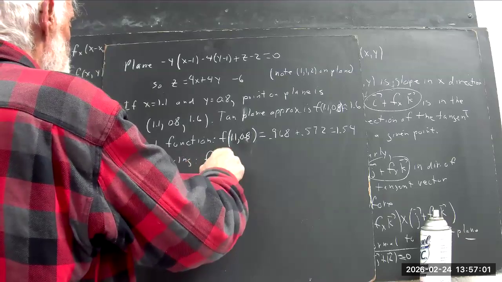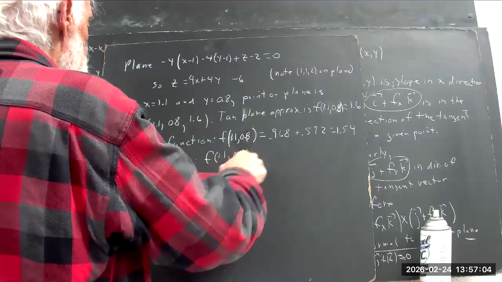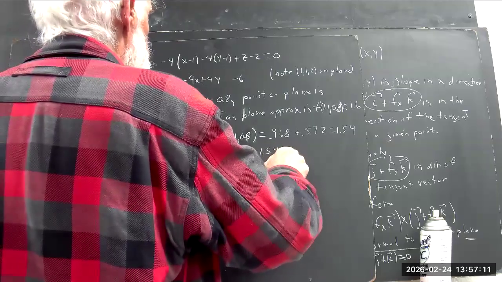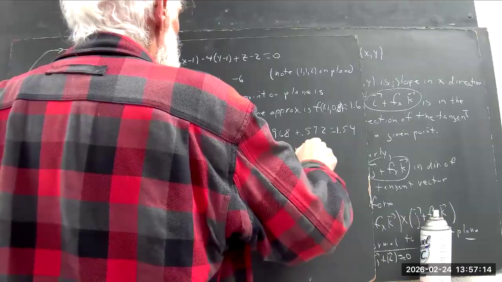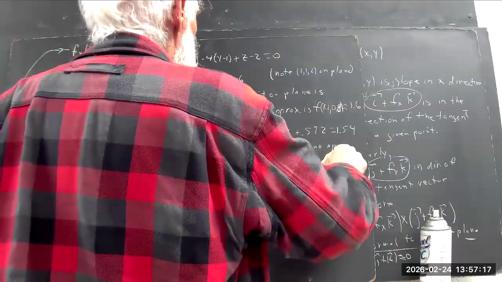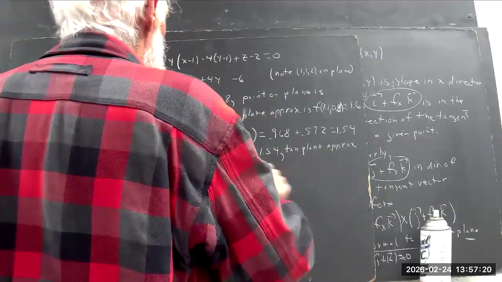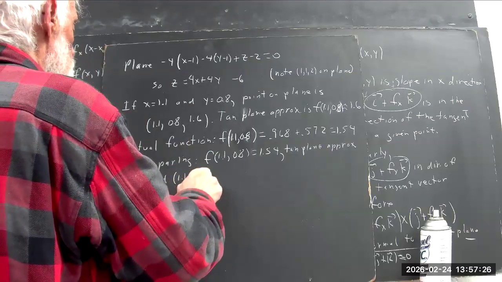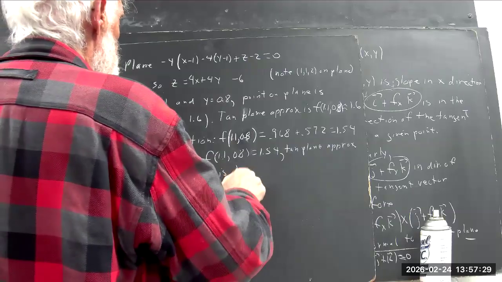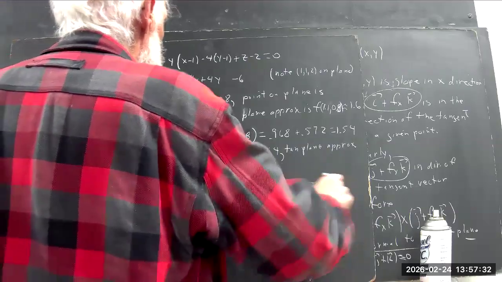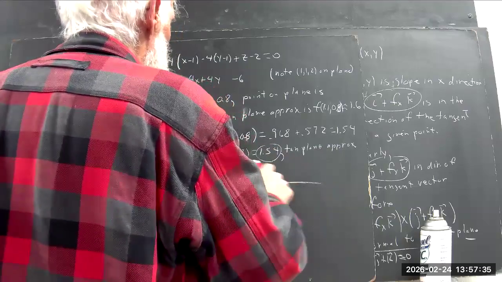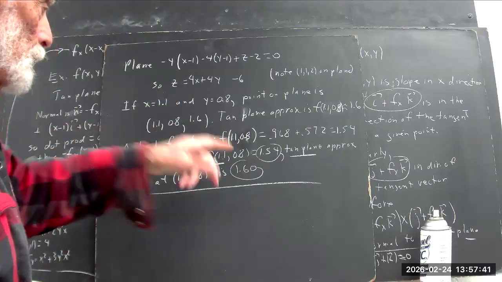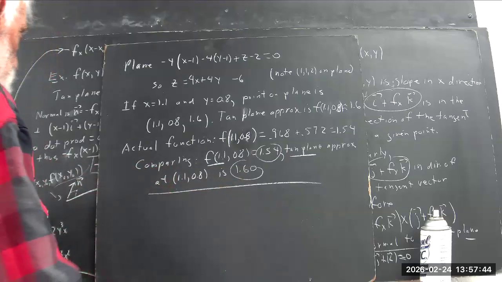Comparing a function gives you 1.54, tangent plane gives you 1.60.